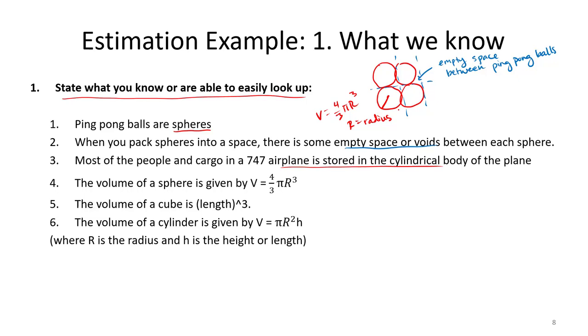We know the volume of a cube is length cubed, and the volume of a cylinder is given by pi r squared times the height, where the height is the length of that cylinder.